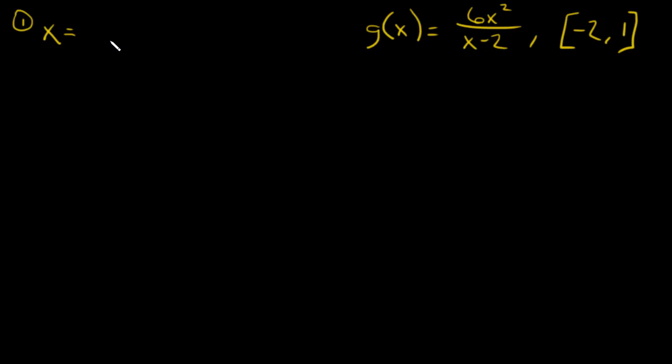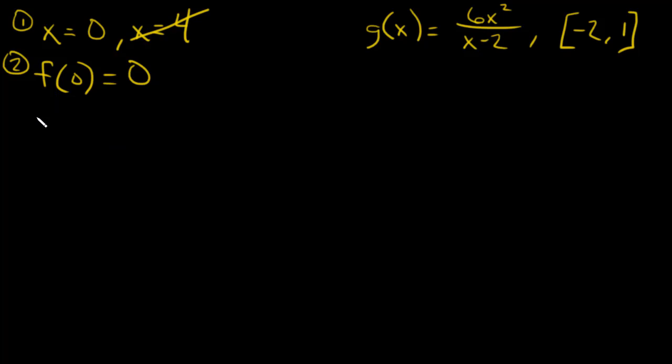I've already forgotten. 0 and x is equal to 4. Well, I forgot to look at this because x equals 4 is also out of the domain, so I don't have to worry about that. All I have to worry about now is the x equals 0, which is included in this domain. So I find f at 0. Well, f at 0 is going to be 0 over -2, which is 0.